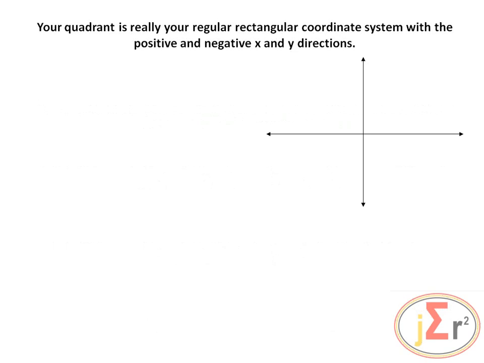Your quadrant is really your regular rectangular coordinate system with the positive and negative x and y directions, as we have them right there, and as you should be familiar with.